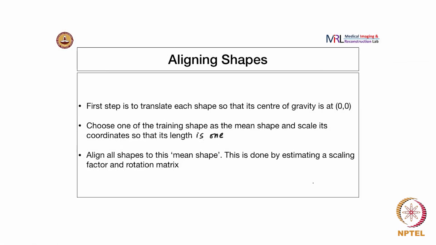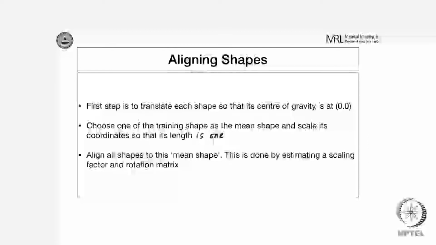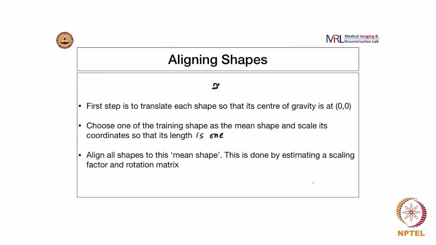Okay, so the first step in aligning shapes is to translate each shape so that its center of gravity is at 0, 0. The way to do that is to estimate the centroid by calculating x bar and y bar for each shape. So x bar would be the average of all the x coordinates, that is x1 plus x2 plus up to xn, divided by n.